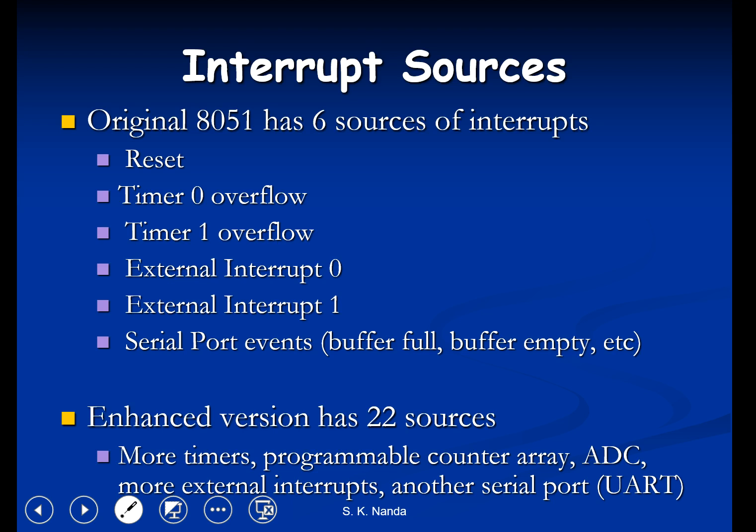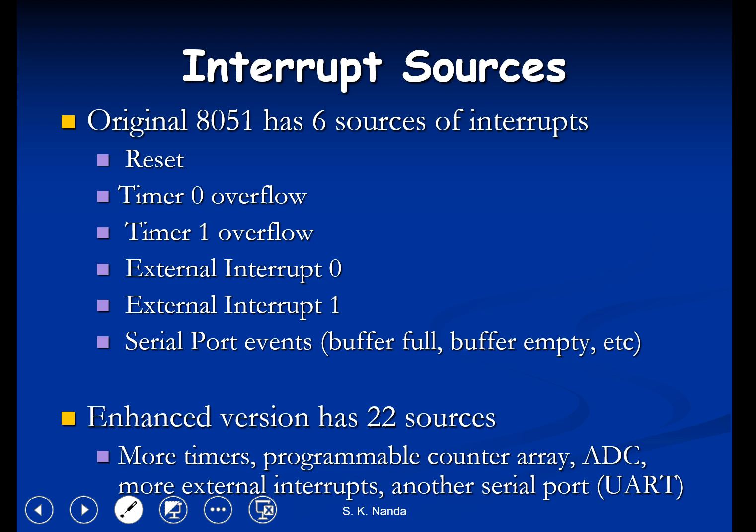The timer and serial interrupts are internally generated by the microcontroller, whereas the external interrupts are generated by additional interfacing devices or switches that are externally connected to the microcontroller. These external interrupts can be edge triggered or level triggered.